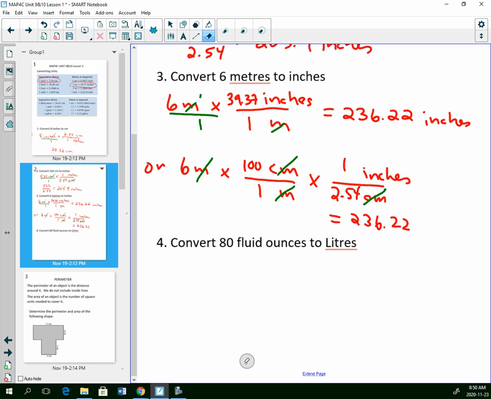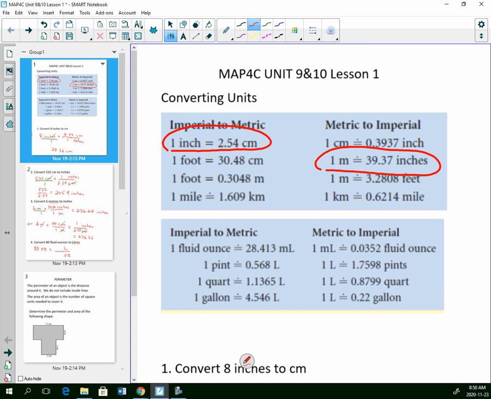And then you might get some that are, instead of distance or length, volume. So ounces, so I want to go 80 ounces. I want to get rid of ounces and change to liters. So I'll look on my table. I have ounces to milliliters, and I don't have ounces to liters. So I can't go directly from ounces to liters. I'm going to have to go from ounces to milliliters and then milliliters to liters.